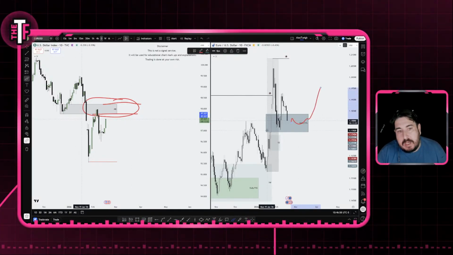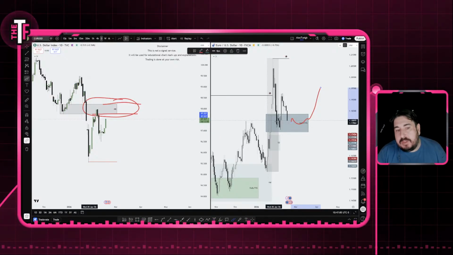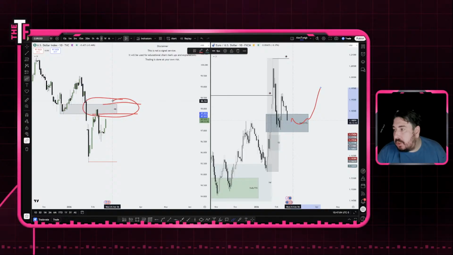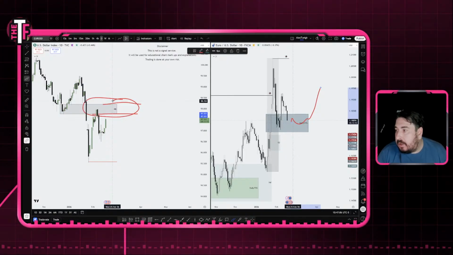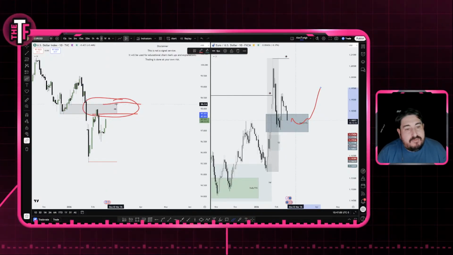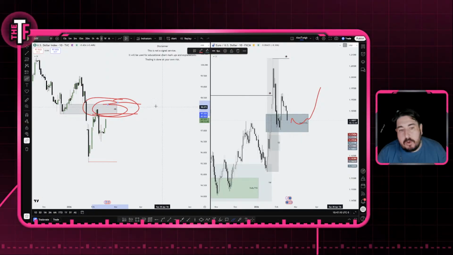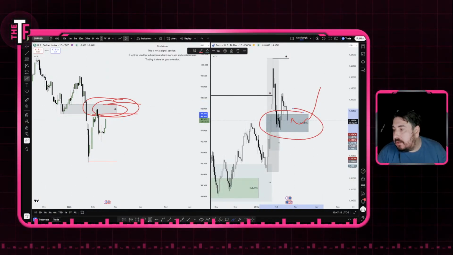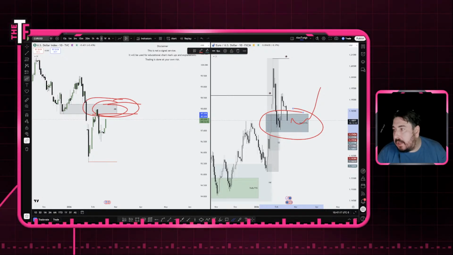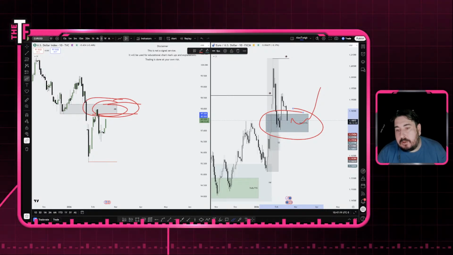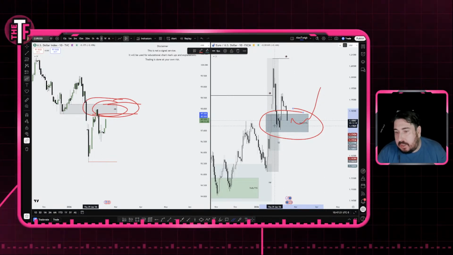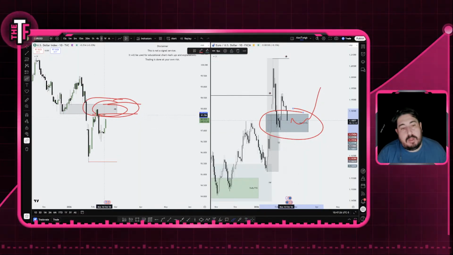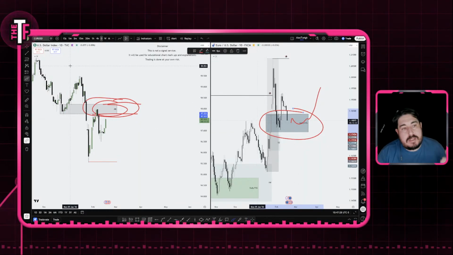Of course, I'm expecting higher prices, no doubt about it, as we talked about previously. And for our invalidation levels, if I see this level broken on DXY or this level on Euro USD, I will anticipate higher prices on DXY and lower prices for Euro USD. Because you know that DXY is the dollar strength.